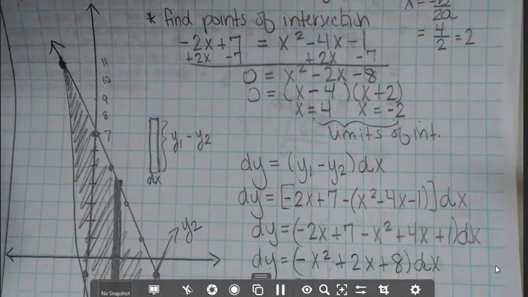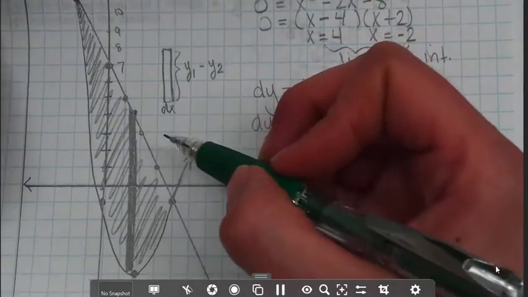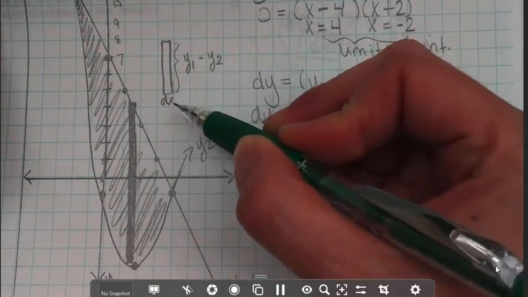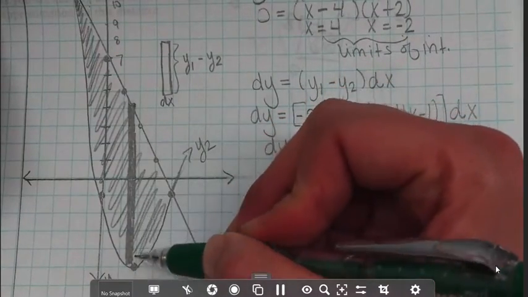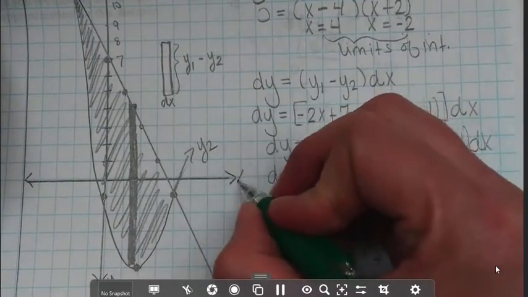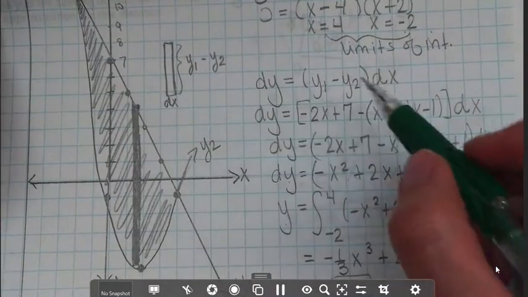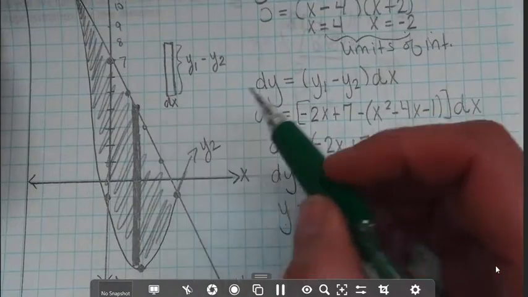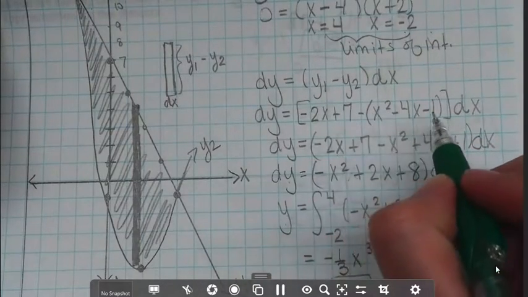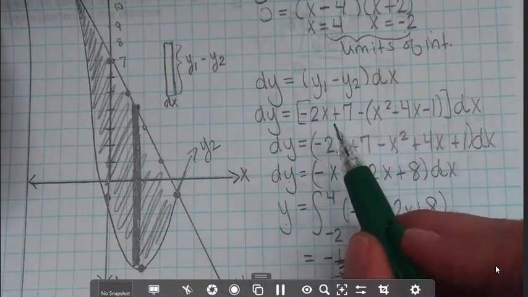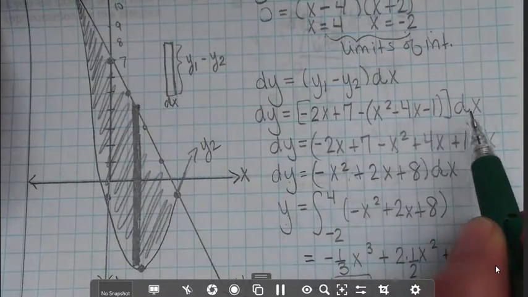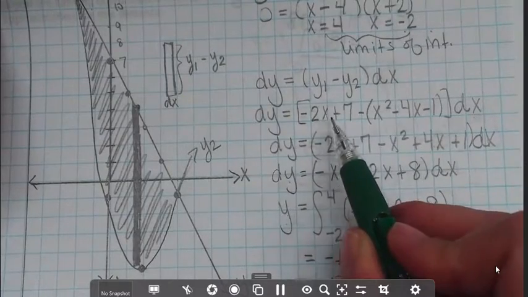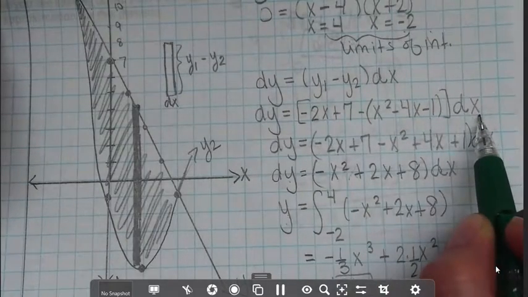I want to draw your attention to the fact that when my strip was drawn this way, my width was dx, because this is perpendicular to the x-axis. So it's important that I multiply it by the functions in terms of x. You can see here I have x's times dx. It would not be appropriate to have my functions in terms of y and then multiply by dx.